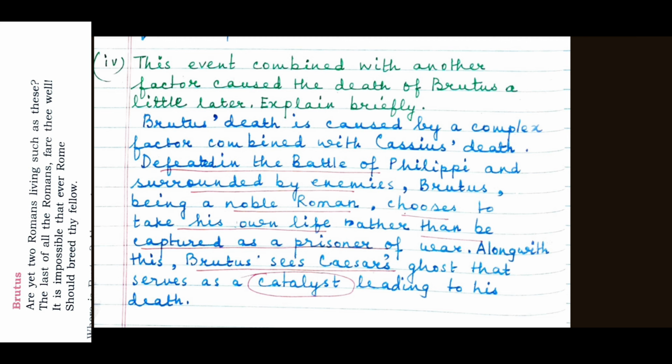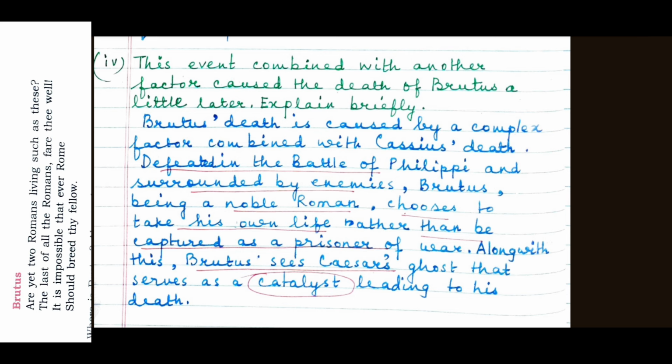The same psychology. Along with this, Brutus sees Caesar's ghost also. This is a deciding factor that serves as a catalyst leading to his death. Caesar's ghost equals Brutus's guilt, his anxiety, lack of confidence, disappointment.